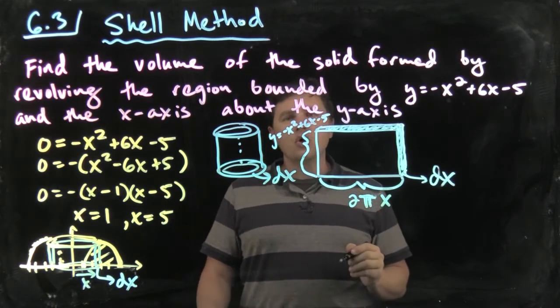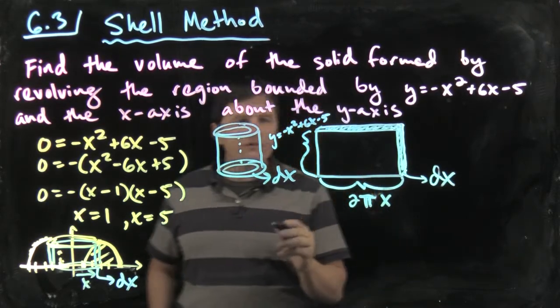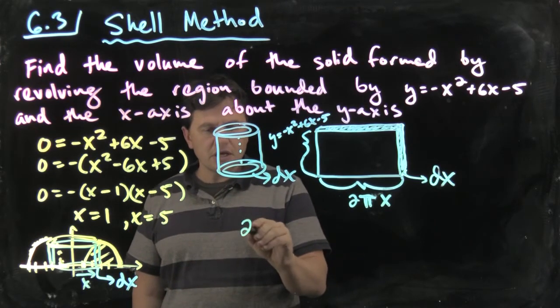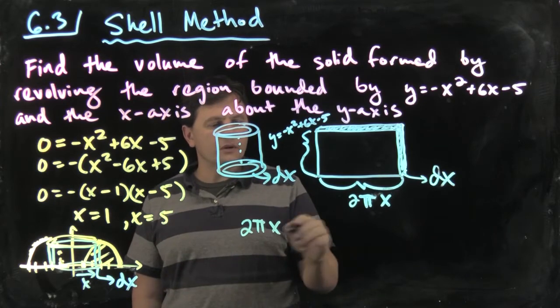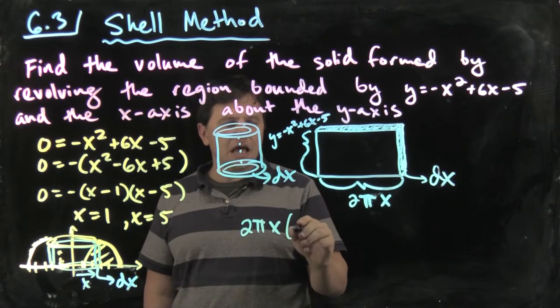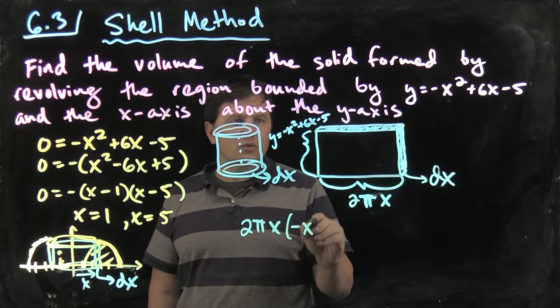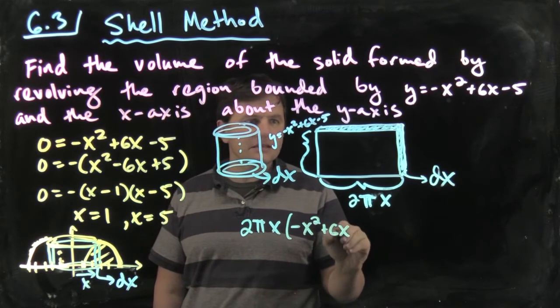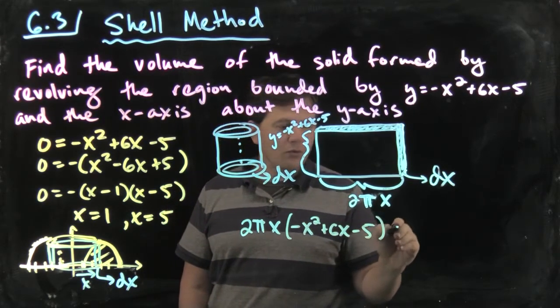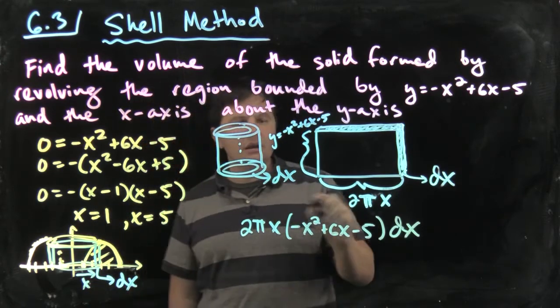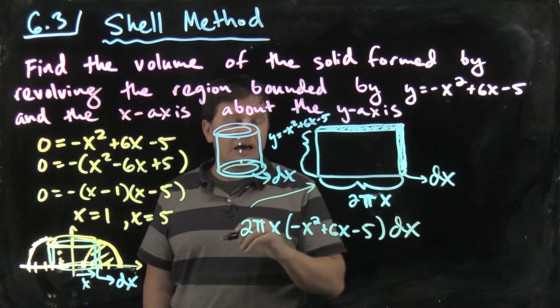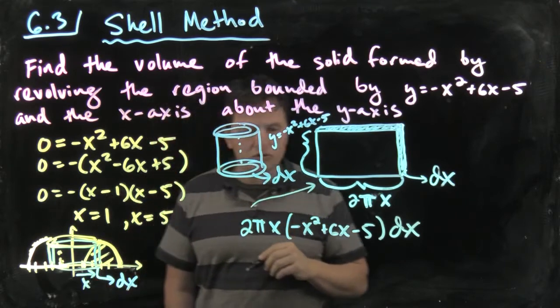The volume of one of these cylindrical shells is going to be 2 pi x, times the height, negative x squared plus 6x minus 5, multiplied by dx.